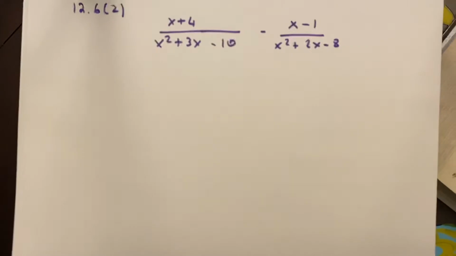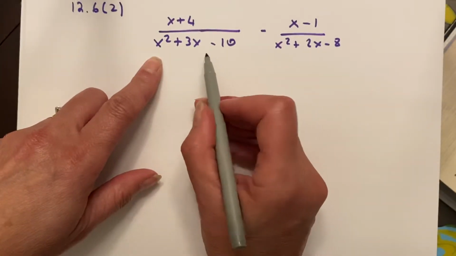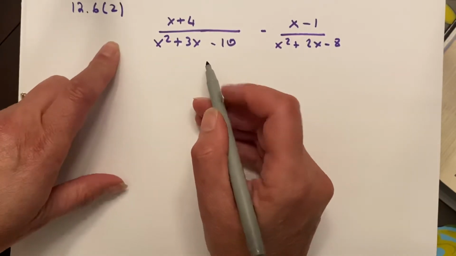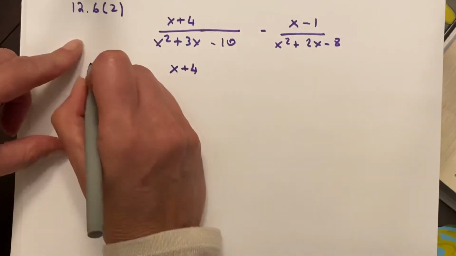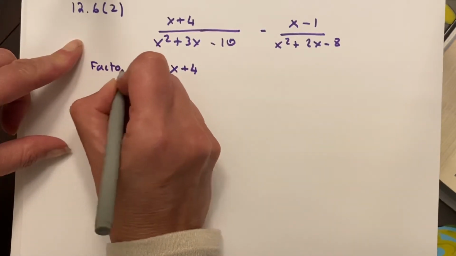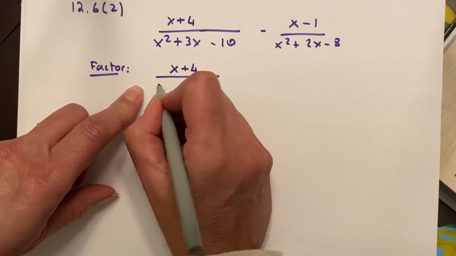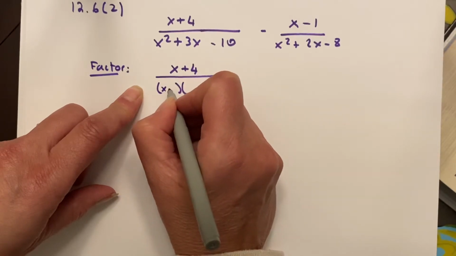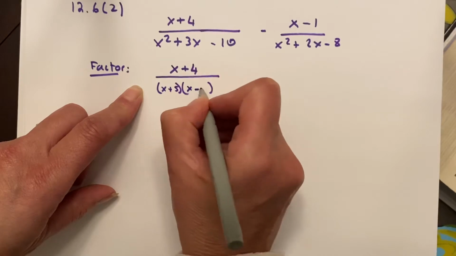In order to do that, I have to find an LCD. But to find the LCD, I have to factor. So I have to add in a step. My first step is factor the denominator. So I have x plus 4 on top, and on the bottom, I have x plus 5 and x minus 2.